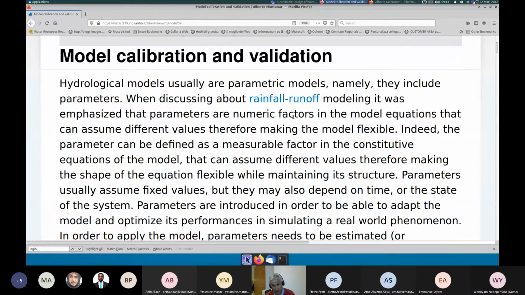So keep in mind, comparison between observations and simulations, which is also called assessment of model performances. It's also called goodness of fit testing. Okay, again, assessment of model performances, goodness of fit testing.